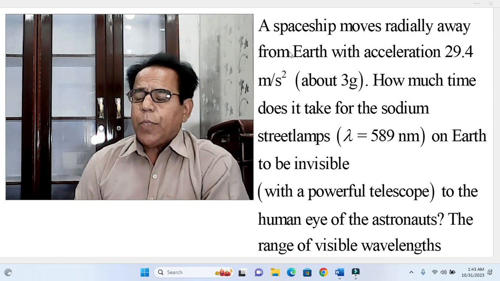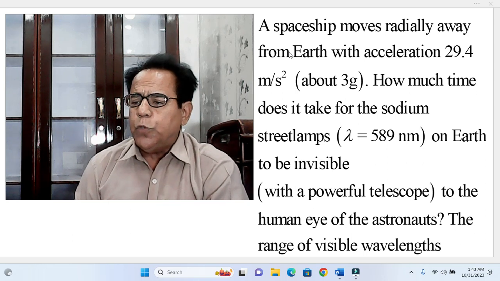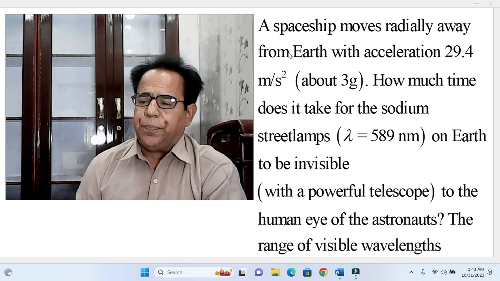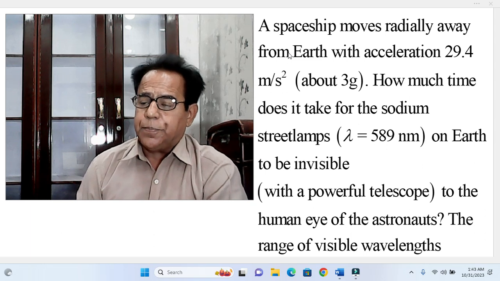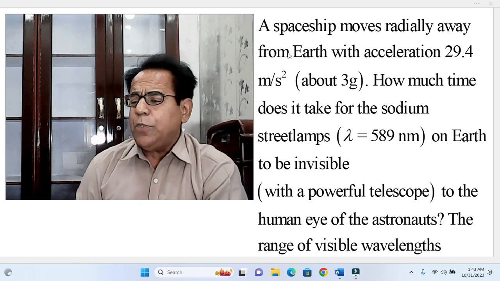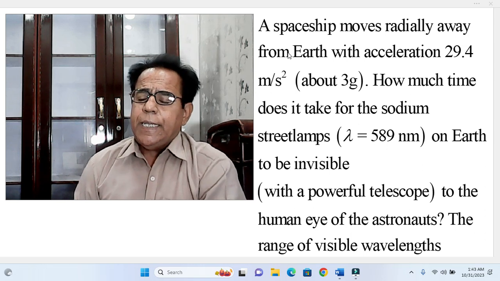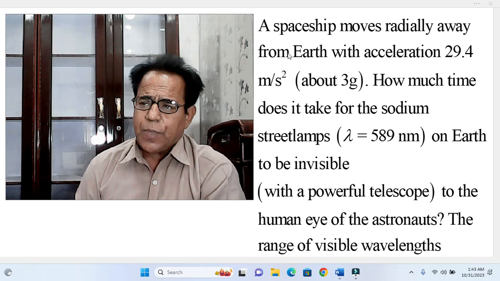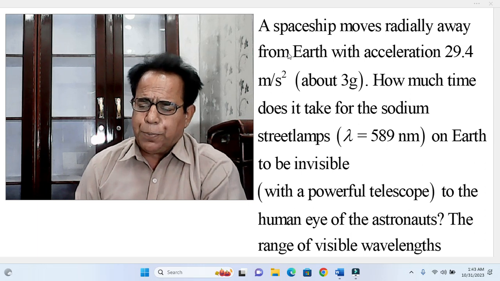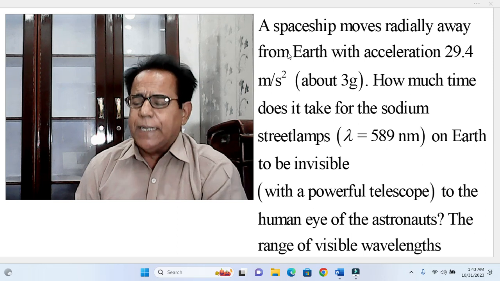Okay, a spaceship moves radially away from Earth. Dear students, we know that Doppler effect has two classifications. In one case, the object is approaching, in the other case the object is receding, going away.